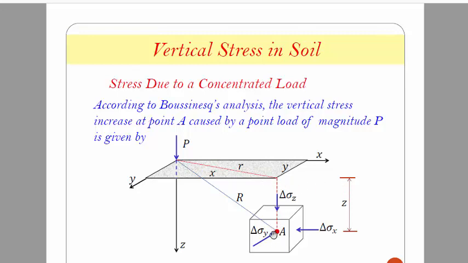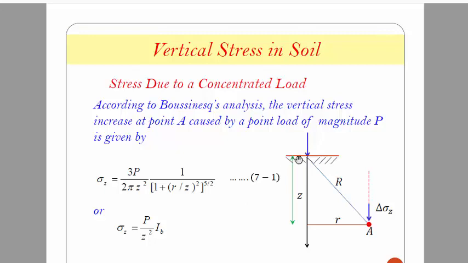Below it is point A. Due to the applied load at this point, we calculate the stress introduced at point A. So this is R.